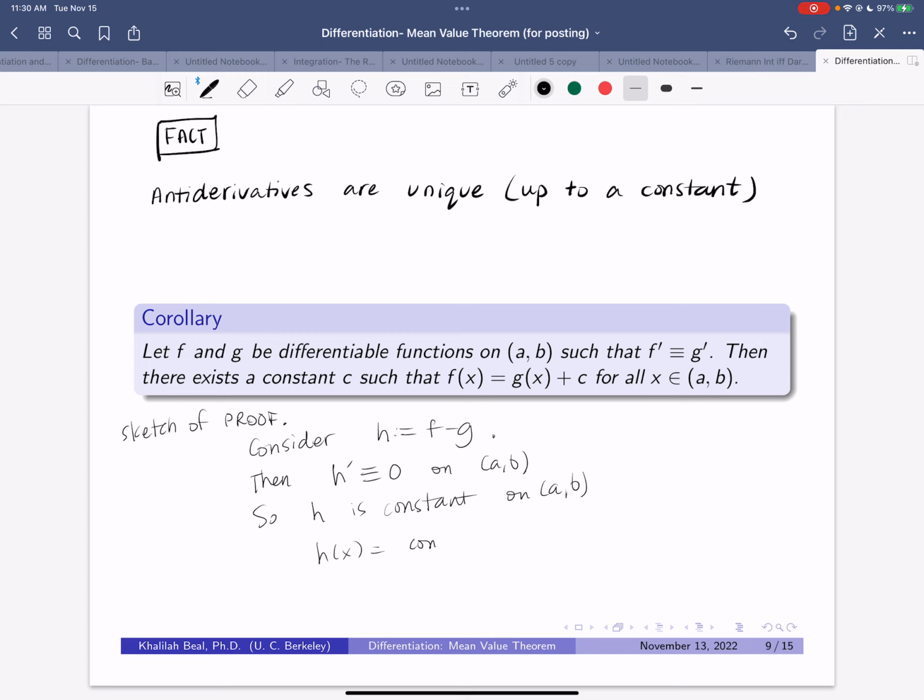If you have x1 less than x2, does that imply that f of x1 is less than f of x2? That's the question. Well, let's see here. So say here's x1 and here's x2.